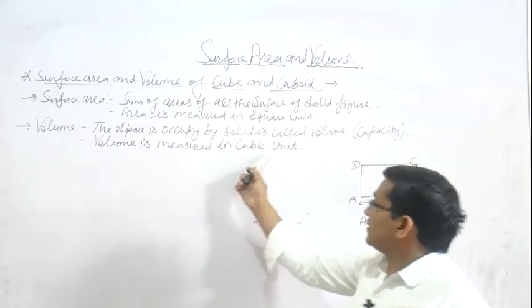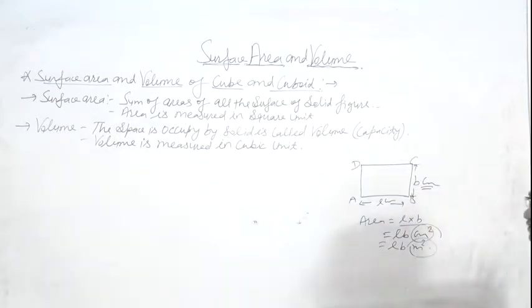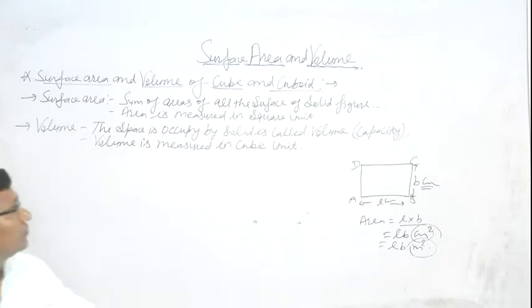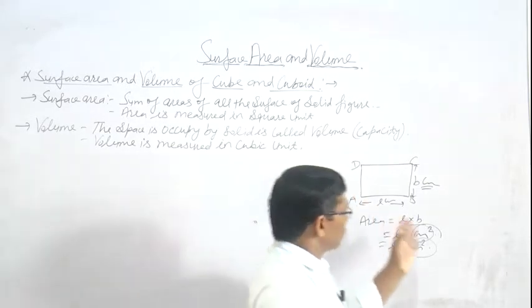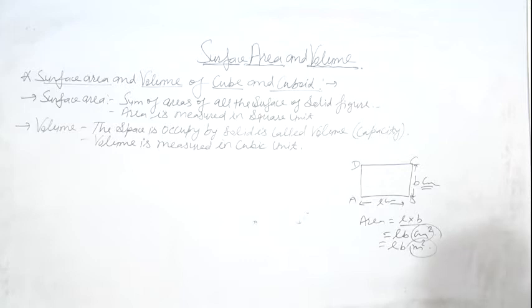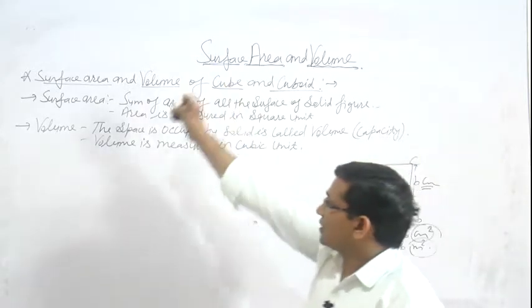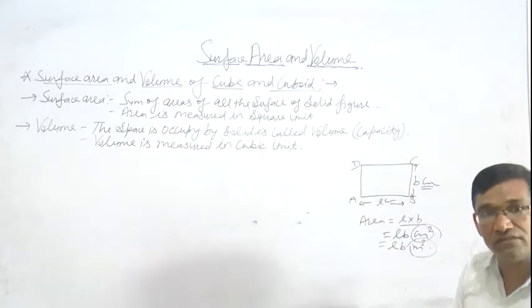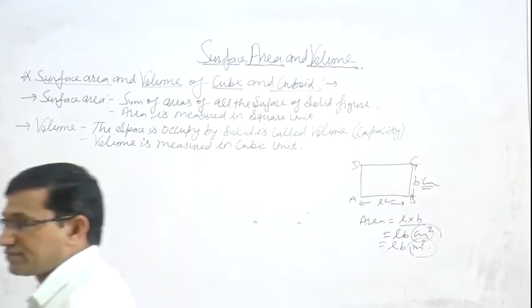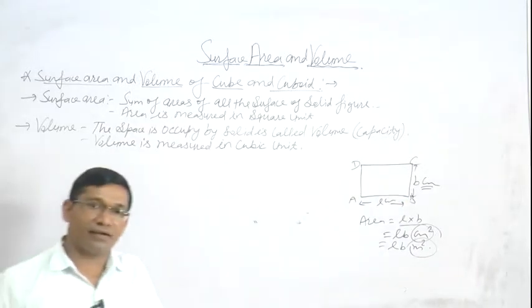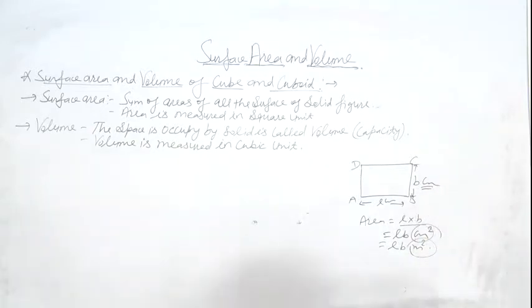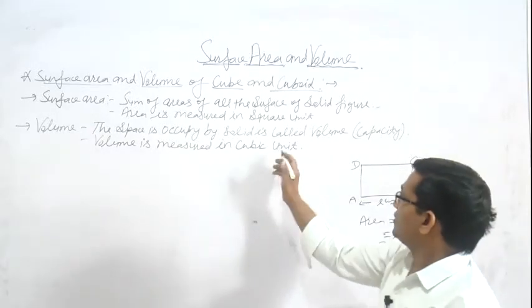Volume is measured in cubic unit, because we find how much space is occupied. It means we use length, breadth and height, 3 units. So volume is measured in cubic unit.